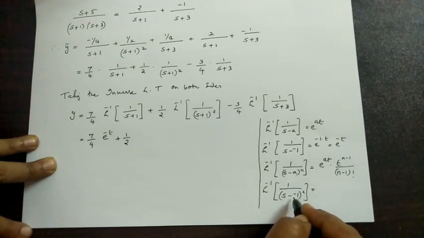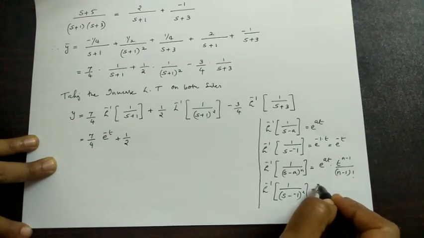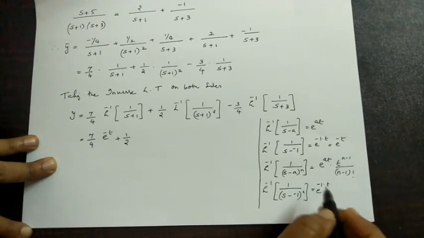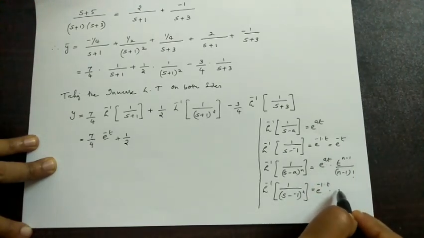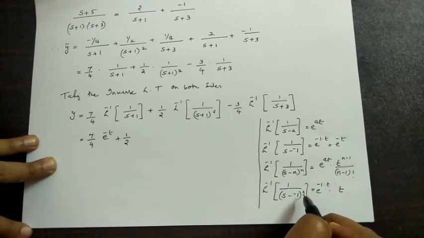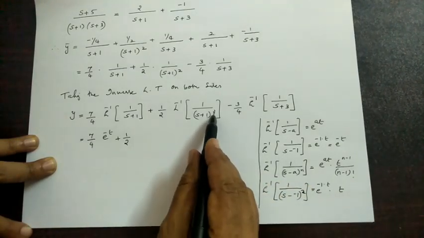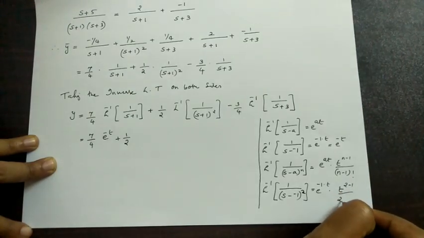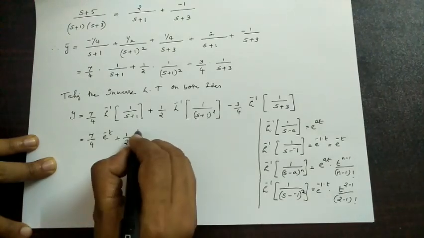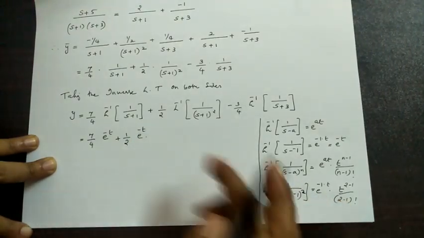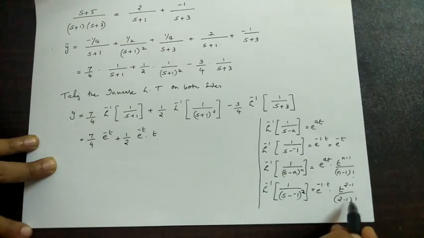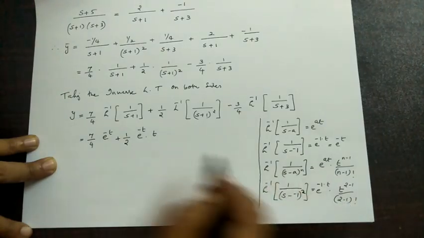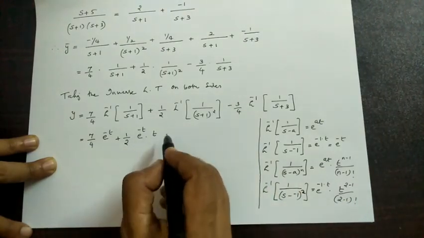Therefore, in the place of a we have minus 1, and in the place of n we have 2. So, e raised to minus t into t raised to 2 minus 1 by (2 minus 1) factorial, that is e raised to minus t into t raised to 1 by 1 factorial, that is t itself. Therefore, e raised to minus t into t.